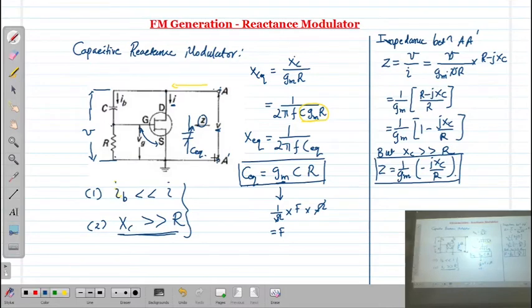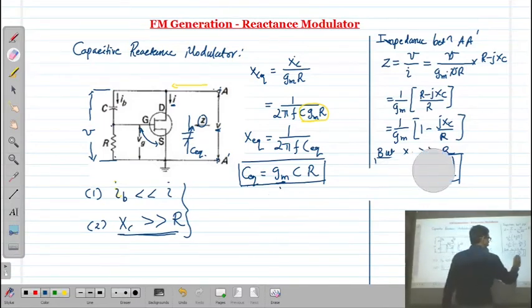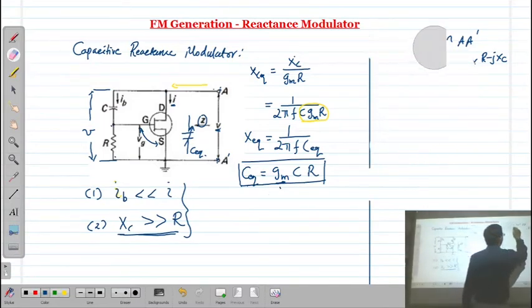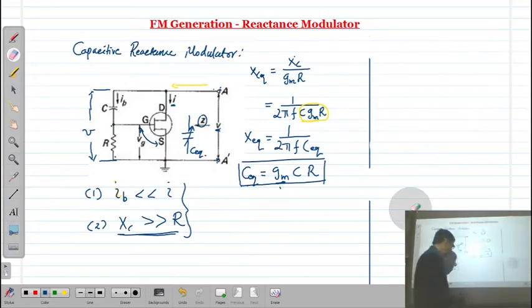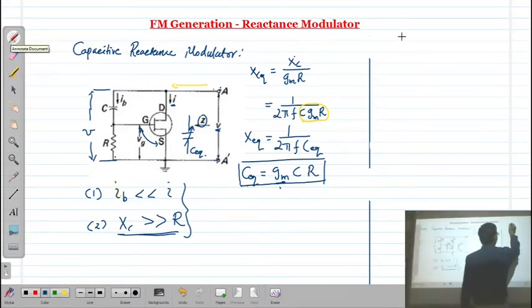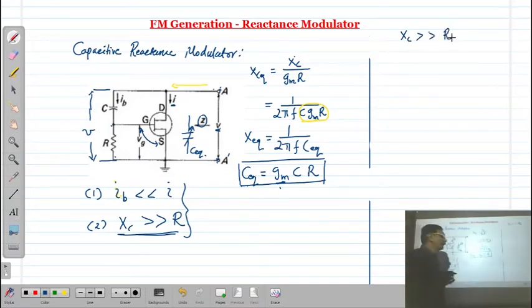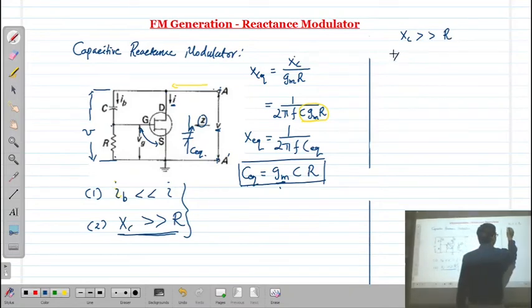Now, again we go further. Remember, what we have considered? That the Xc is much greater than R. Correct? Let us say this reactance of the capacitor is n times the value of a resistance.